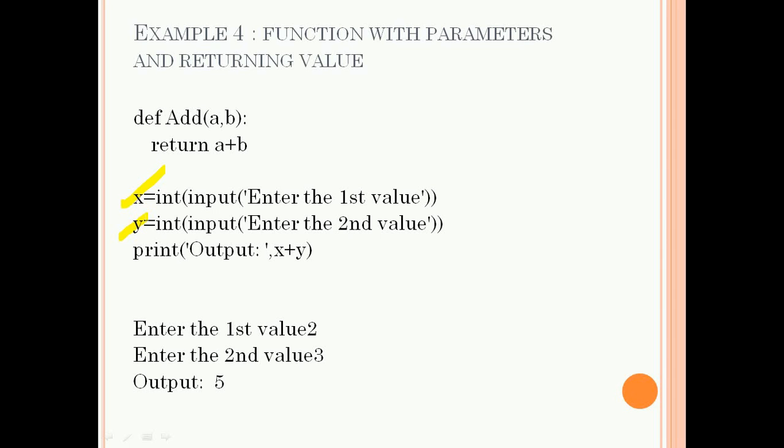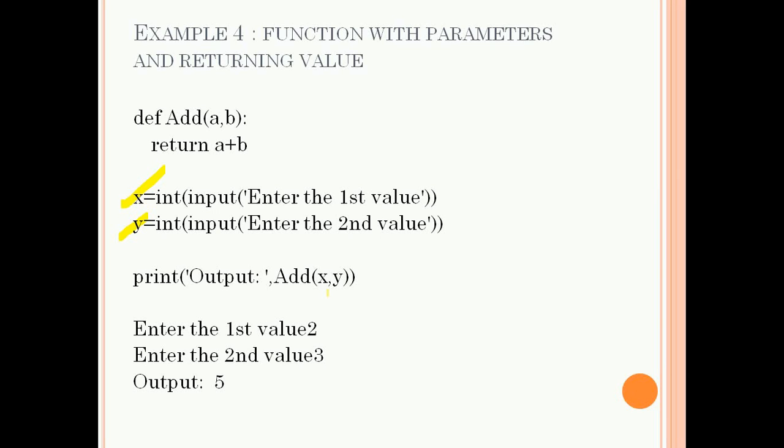So we can directly print the value by calling the function add inside a print function. So instead of writing this print function, we can write print output add x y, and the output of this program will be similar to the previous program.